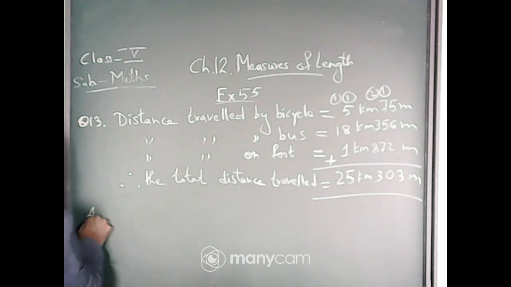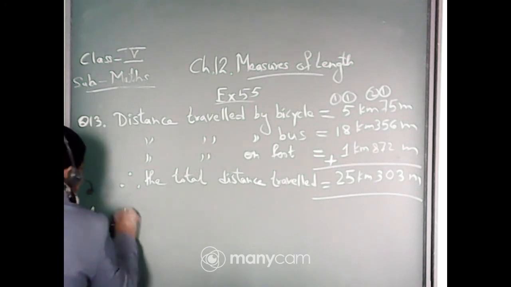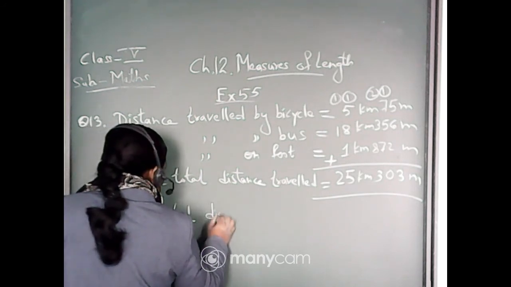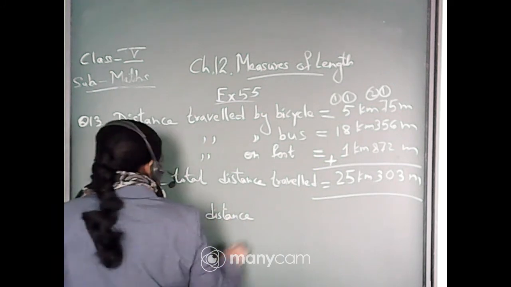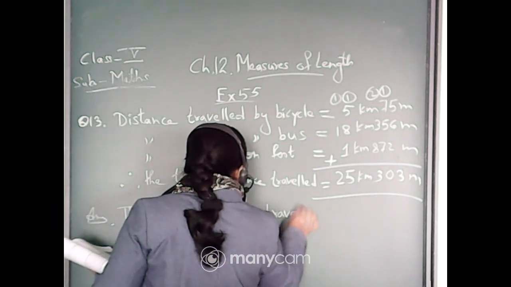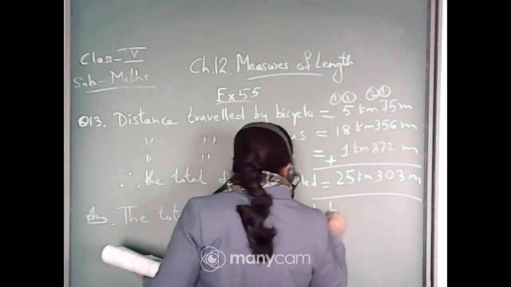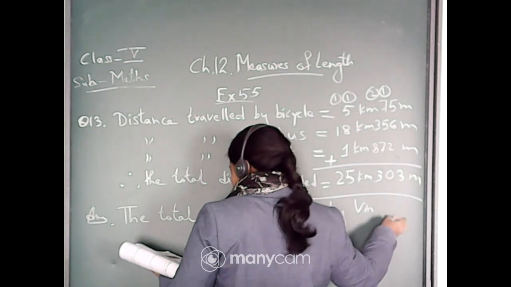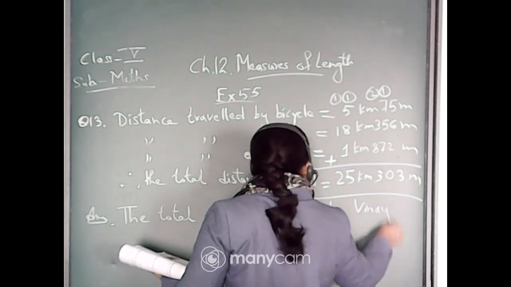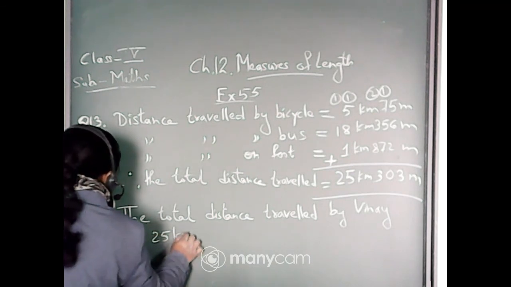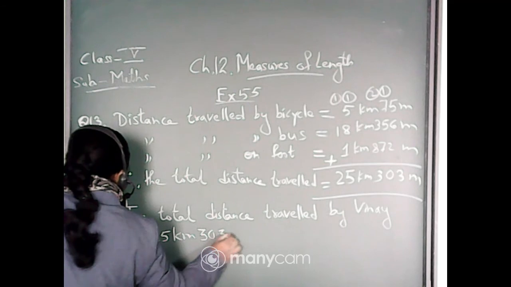So at the last you will write the answer that the total distance traveled by Vinay is 25 kilometer and 303 meter.